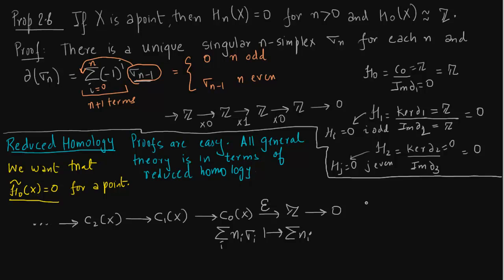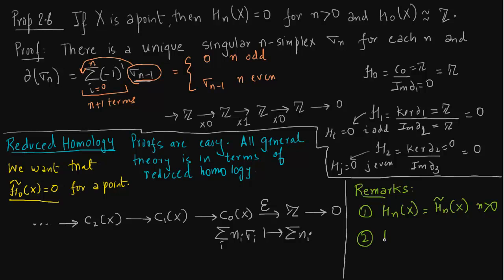So what are the two important points we get from this? The first point is that for n greater than 0, there is essentially no difference because we have done nothing. But it is in the 0th group that a difference arises.